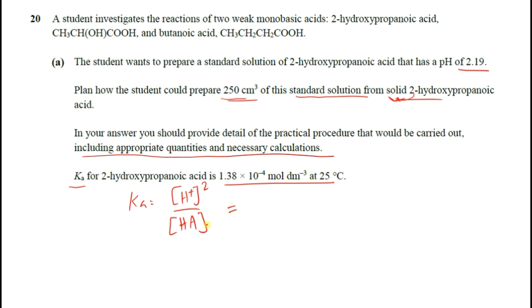So rearrange that equation: [HA] equals [H+] squared divided by Ka. We need to work out [H+], which is from here: [H+] equals 10 to the power minus 2.19.